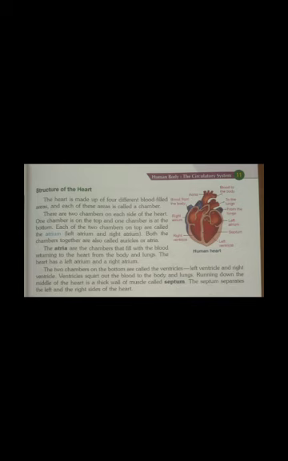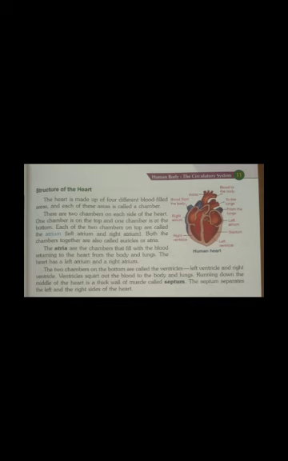The chambers on the top are called atrium, and we have two atriums, that is left atrium and right atrium. Both the chambers together are called auricles or atria. The plural for atrium is atria.